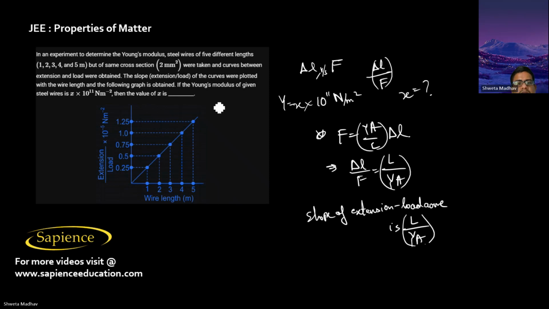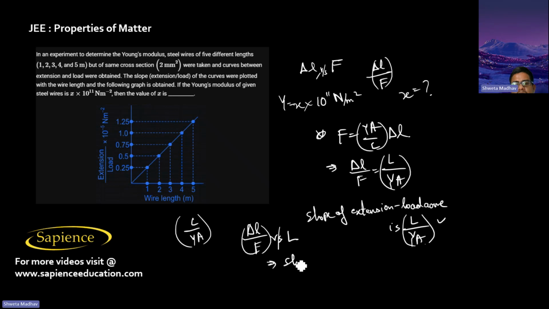So the slope that is being plotted with the wire length, so L by YA, this value are being plotted versus the length, which means delta L by F versus L.